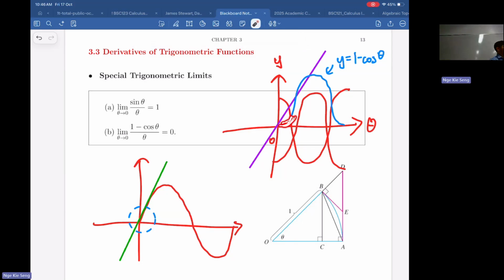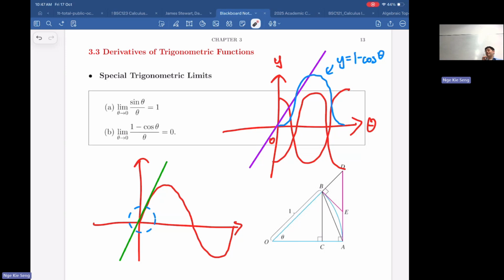This part is much lower than the purple part. So the numerator gets to 0 very fast, faster than y equals theta. Otherwise, if they go to 0 at the same rate, they are like cancelling out. Maybe they get 1. Okay, makes sense? Question? Got question?